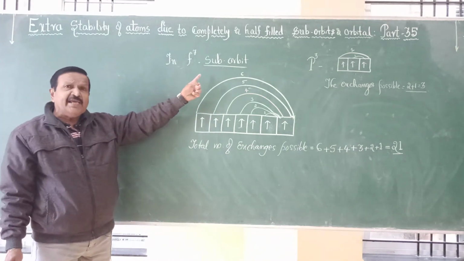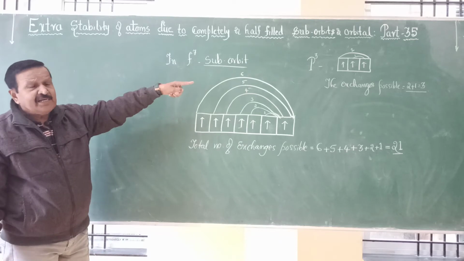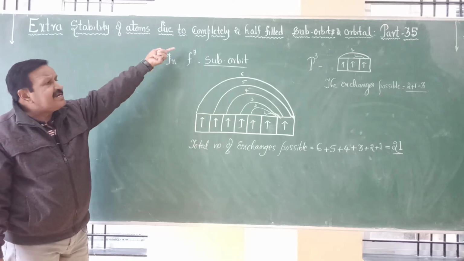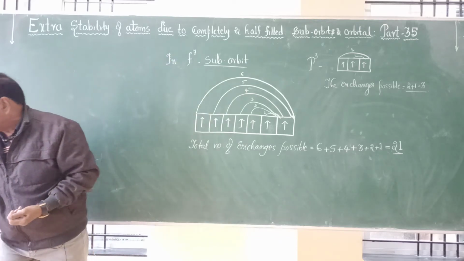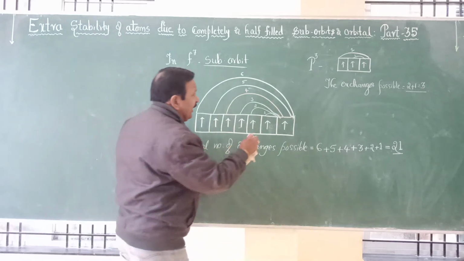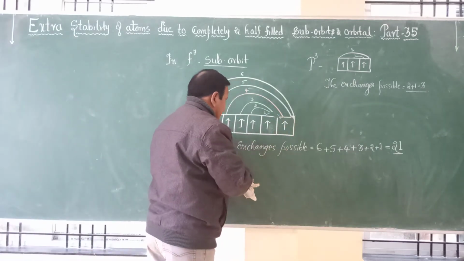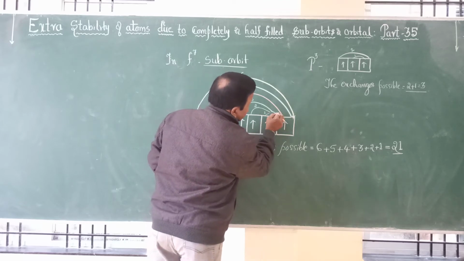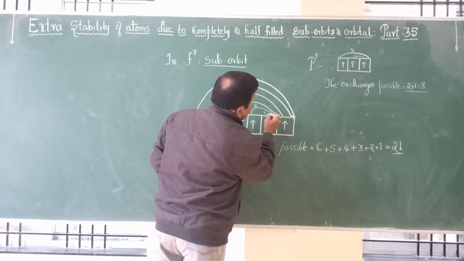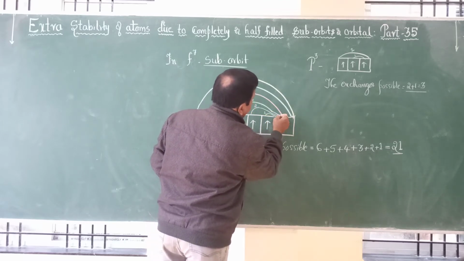In case of d, 10 exchange positions, energy will be more. But in case of f, compared to 3, you get the maximum energy.